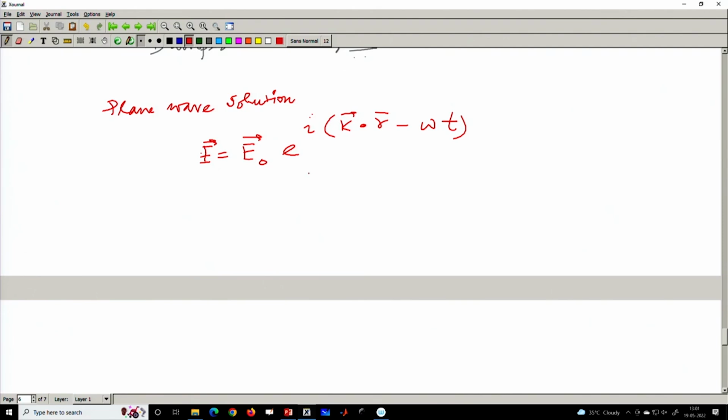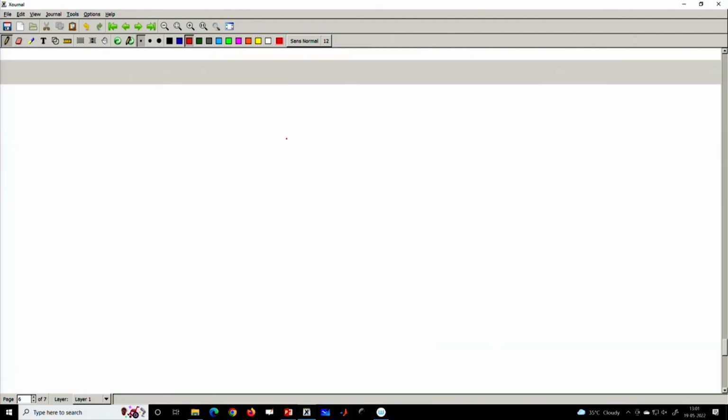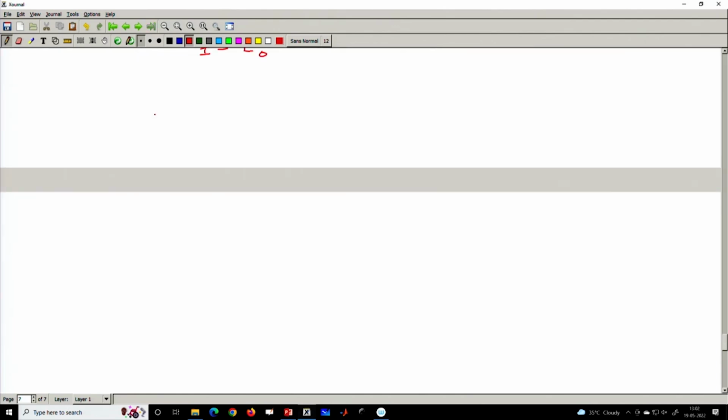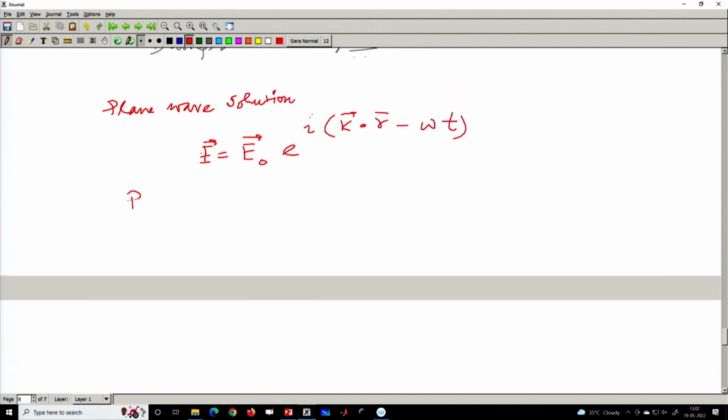Now, if I put this plane wave solution into the damped wave equation, then what we have is this.